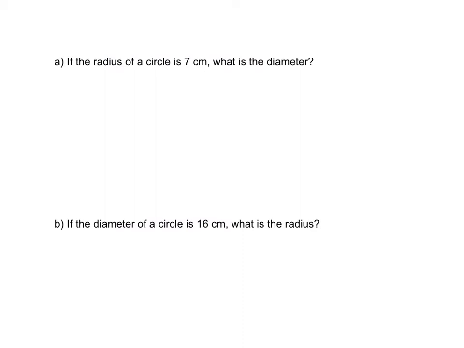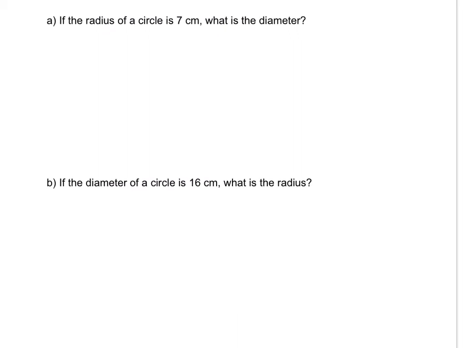We're talking about diameter and radius here, so let's draw it out. Circle here, and we're told that the radius is 7. The radius is from the center to the side, and we're told that that's 7 centimeters.